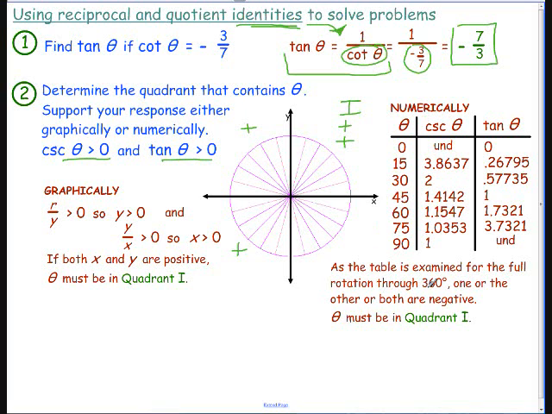And then as we look through the other quadrants, we're going to see that tangent goes negative. Then in the third quadrant, when we're between 180 and 270, cosecant is negative, and over here, they're both negative.